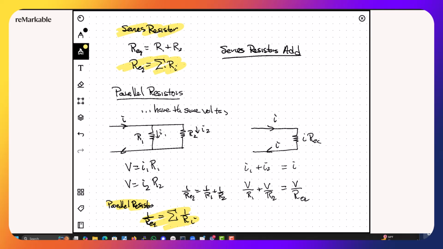Okay. So notice that they're the opposite of the capacitors. The resistors are the opposite of the capacitors, how they act. Okay. So now we have resistors, we have capacitors.